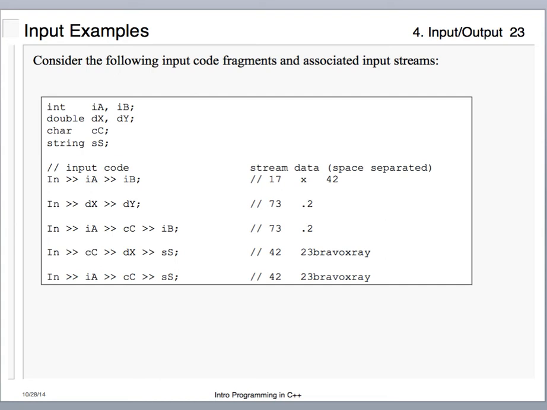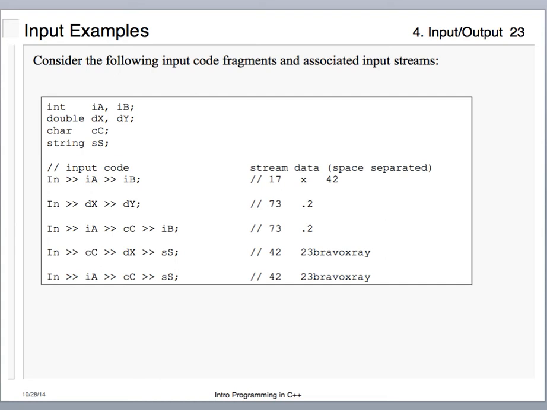That may not be what we intended, but that would certainly satisfy all the criteria. In the next case, a character, followed by a double, followed by a string. For the character, we could certainly read the 4. That would satisfy a character, certainly in an ASCII character set. And then for the double, we'd get a 2, which can be converted to a double.